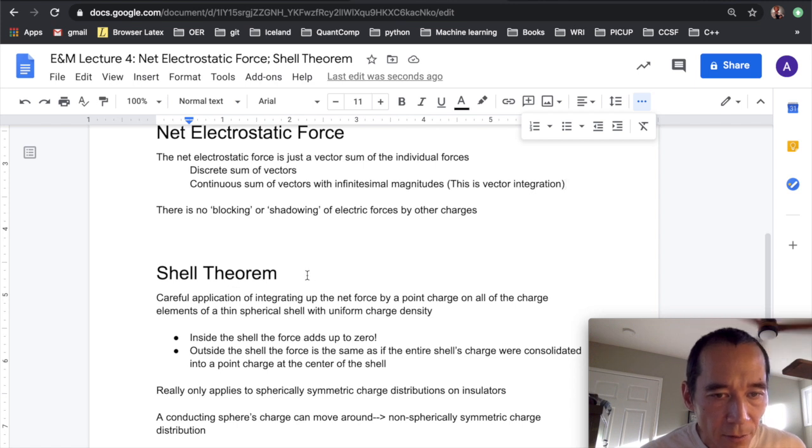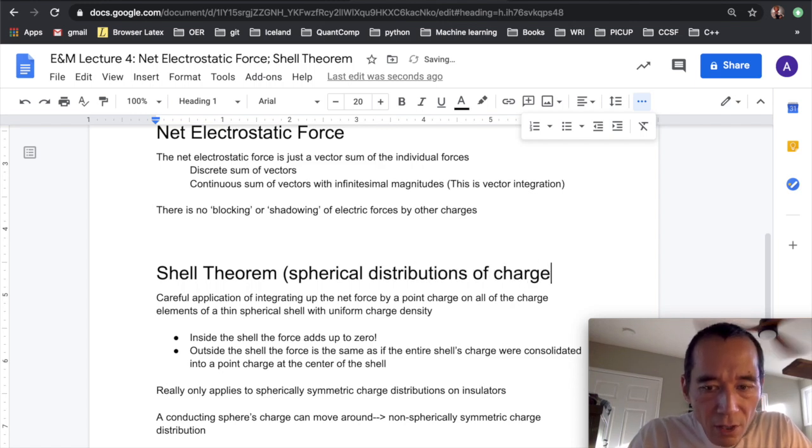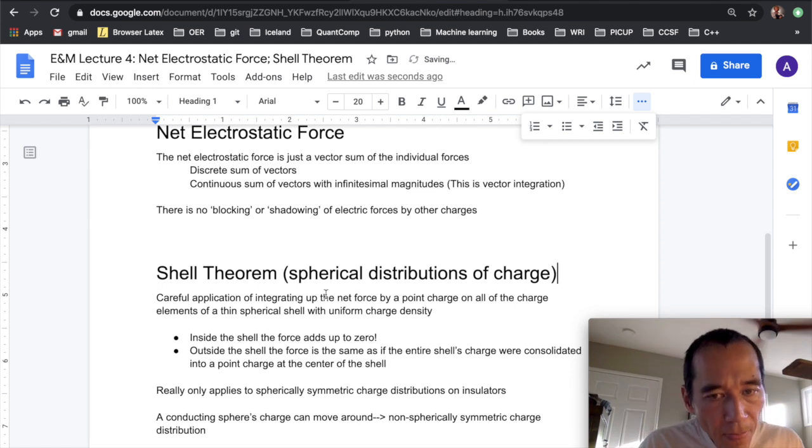The Shell theorem is about spherical distributions of charge. You know what a sphere is, right? Its cross-section is a circle. A sphere is an object that you can look at in 3 dimensions, but it really is just a 2-dimensional surface.